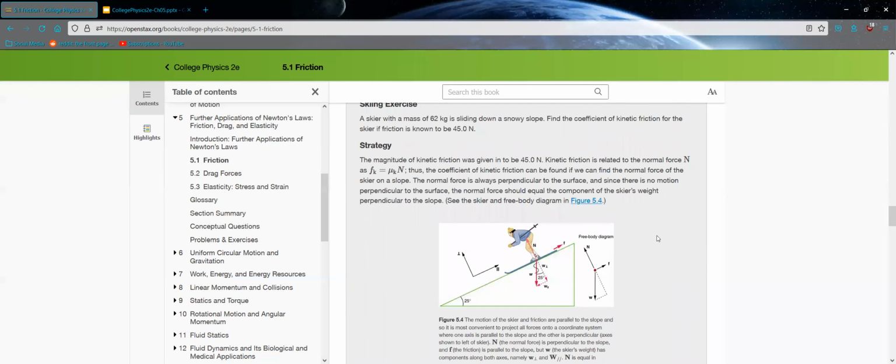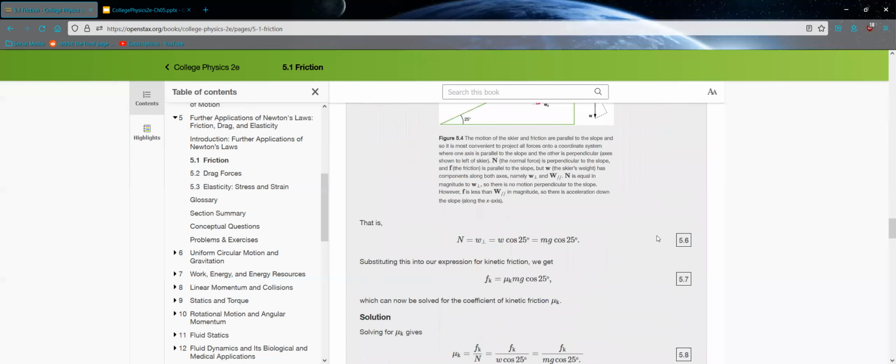As discussed in previous chapters, any angled motion, such as this 25-degree angle, has by definition an x and a y component. And you use those x and y components to solve the problem at hand, which is what we're doing here.